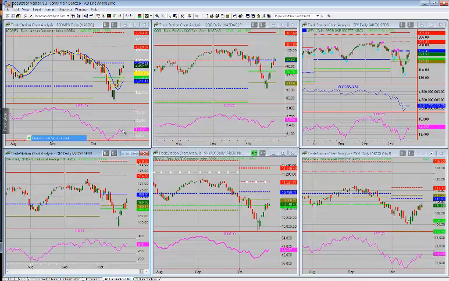Why do I look at that? Because most platforms only share with you the advance decline on the NYSE. The Arms index, for example, the McClellan oscillator, for example, reflects the data from the NYSE.